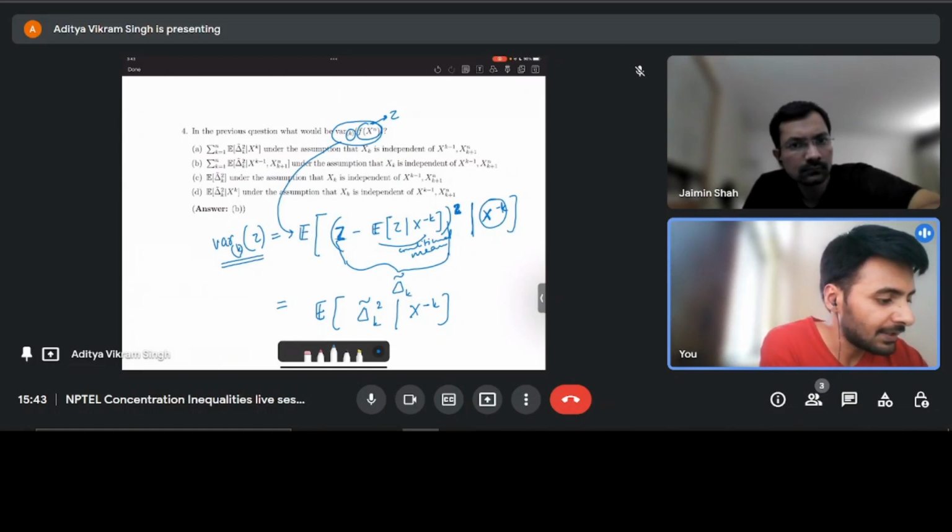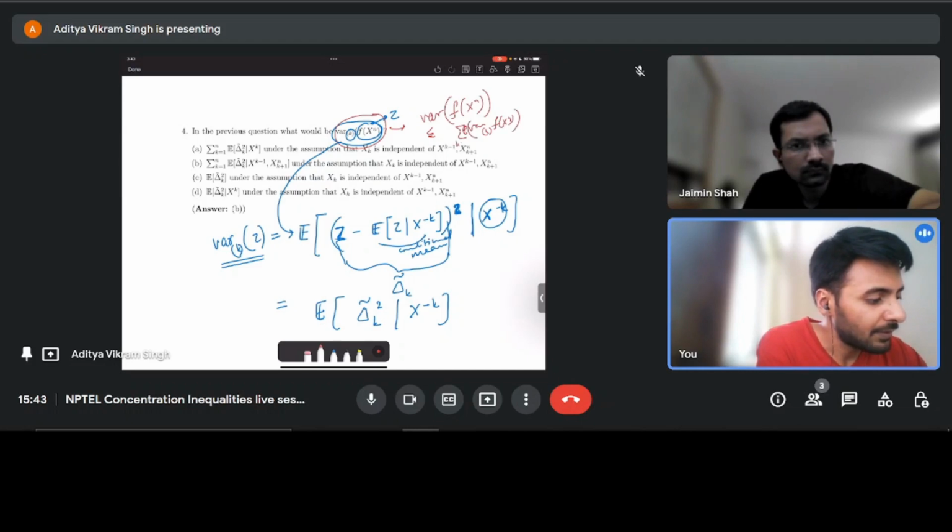I don't know if it's there in the portal as well, but I think this should be variance of f of xn, and this is less than or equal to, by Efron-Stein, the sum over k equal to 1 to n of the expected value of variance k of f of xn, and we just derived that this is delta k tilde the whole square given x of minus k. So basically B is correct.